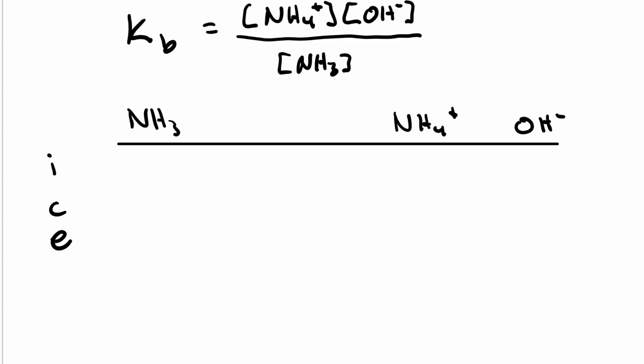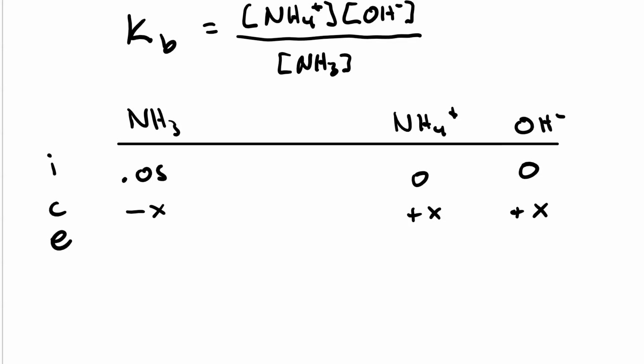Making our ice table, the concentration of the solution is 0.05 molar. The initial concentration of ammonium and hydroxide will be 0, since we're starting out with only reactant. The concentration of NH3 is going to go down, and the concentration of NH4+ and OH- will both go up. By how much?